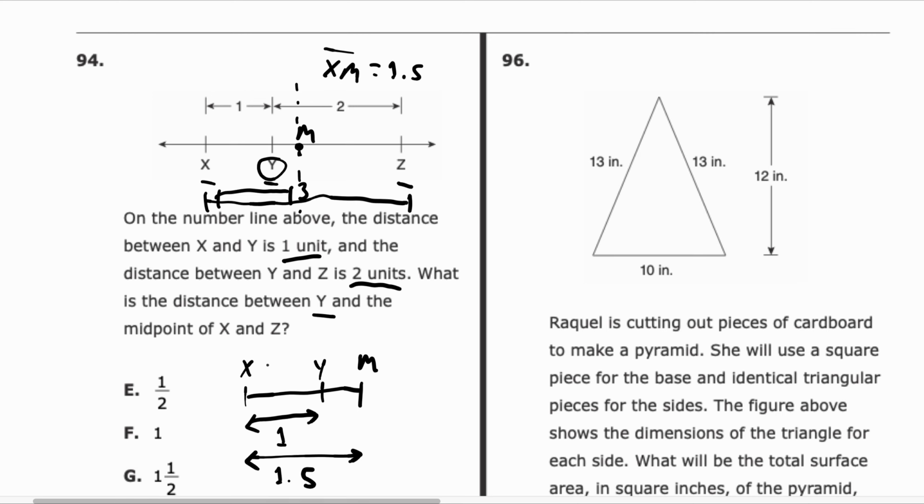And we're being asked what the distance is between Y and this midpoint of X and Z. So we can just fill it in, right? So we know 1.5 minus 1 is just 0.5. And so that's the distance that we're looking for. So a distance between Y and the midpoint. And that would be E.